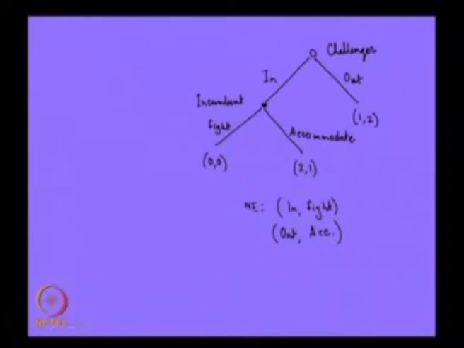And we are further saying that there is a problem of interpretation of out and accommodate if we apply the idea of Nash equilibrium the way we have been interpreting it so far, because the terminal history it traces out is this and this, which means that the game is ending here, whereas the equilibrium strategy profile is telling me that the incumbent is going to fight, which the challenger never gets to see.